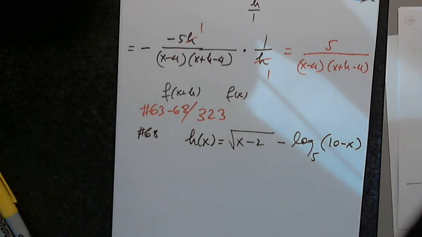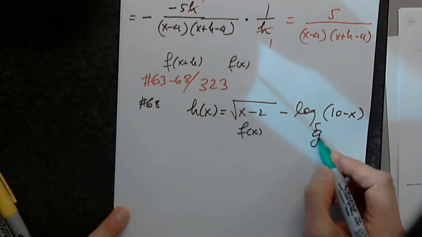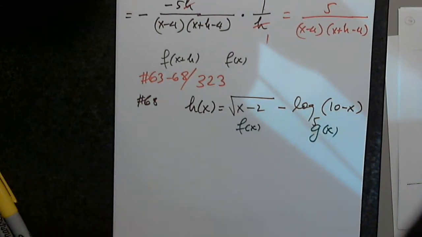Okay, so let's look at this function h of x, and please tell me what you notice. We notice that this is a difference of two functions. So if you want, this is f of x, and this is g of x. And what am I looking for then? Intersection. Exactly, the common domain of these two pieces.